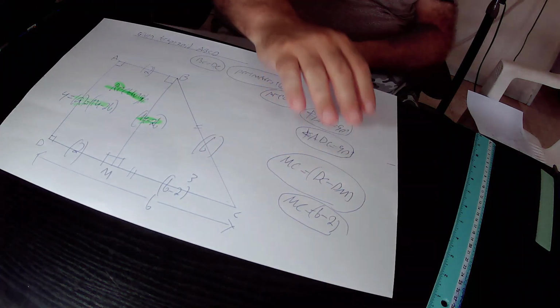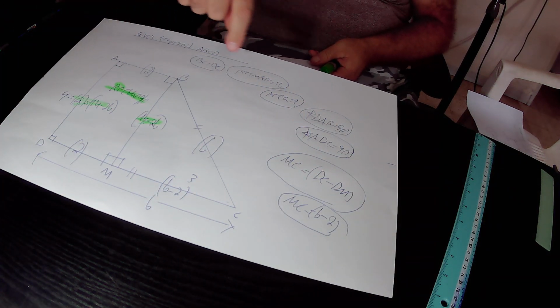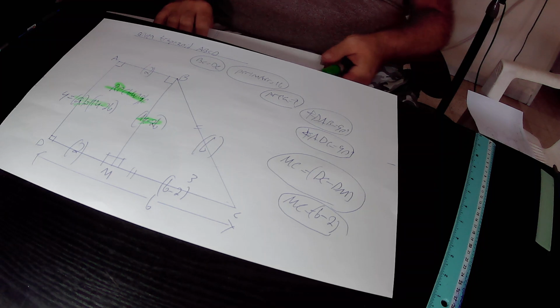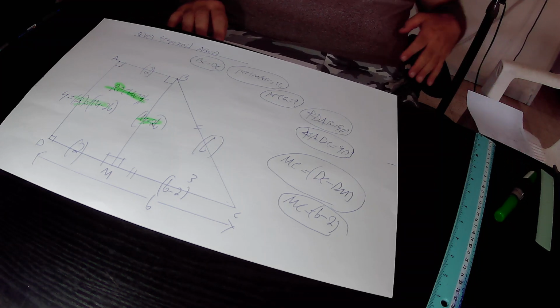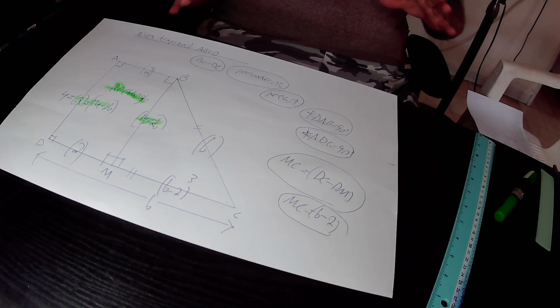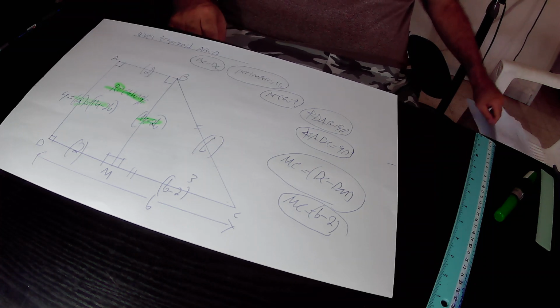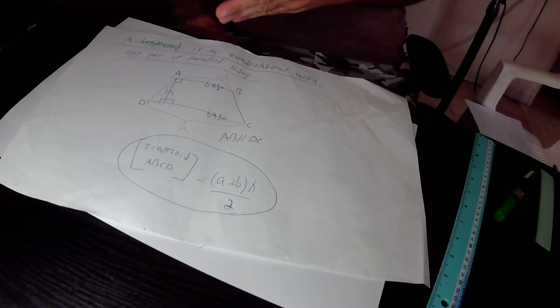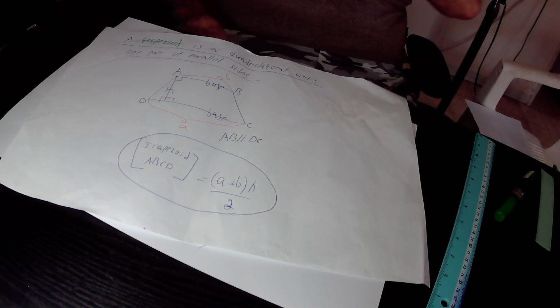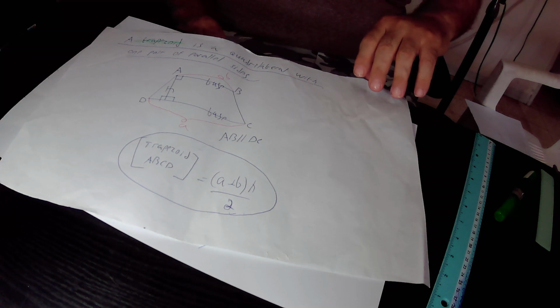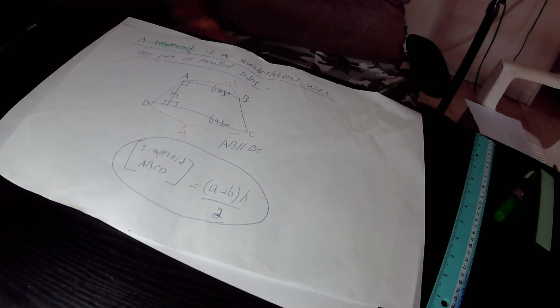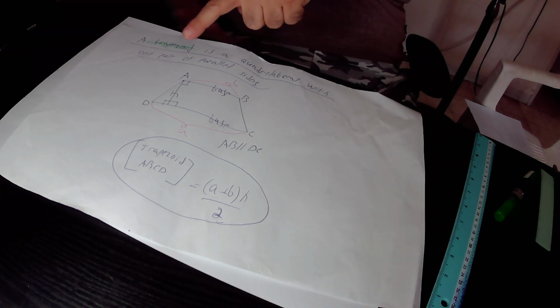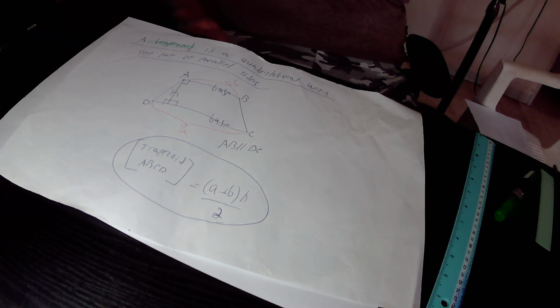In the first question, our mission is to find out the area of this trapezoid ABCD. Repeat again, a trapezoid is a quadrilateral with one pair of parallel sides. This is trapezoid ABCD. It is a quadrilateral because it has 4 sides, and because side AB is parallel to the opposite side DC, this quadrilateral with one pair of parallel sides is defined as a trapezoid.